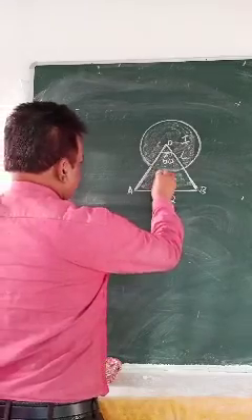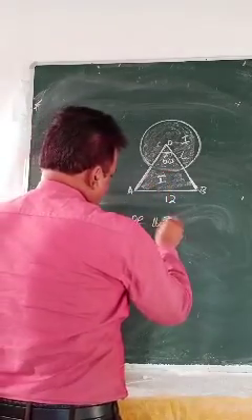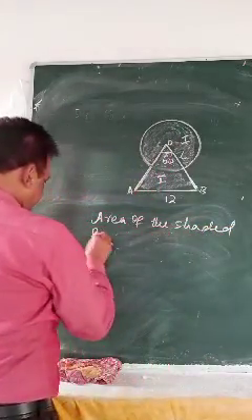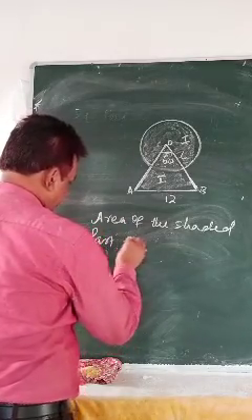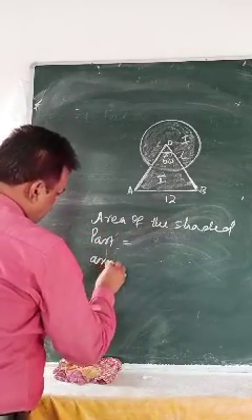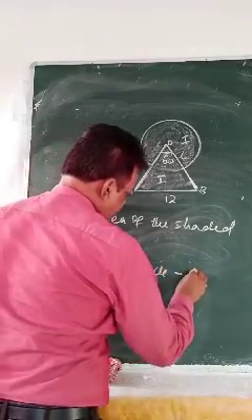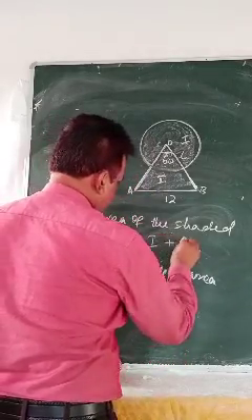This is the second part. Area of the shaded part equals area of circle minus area of sector, that is you can write 1 plus 2.